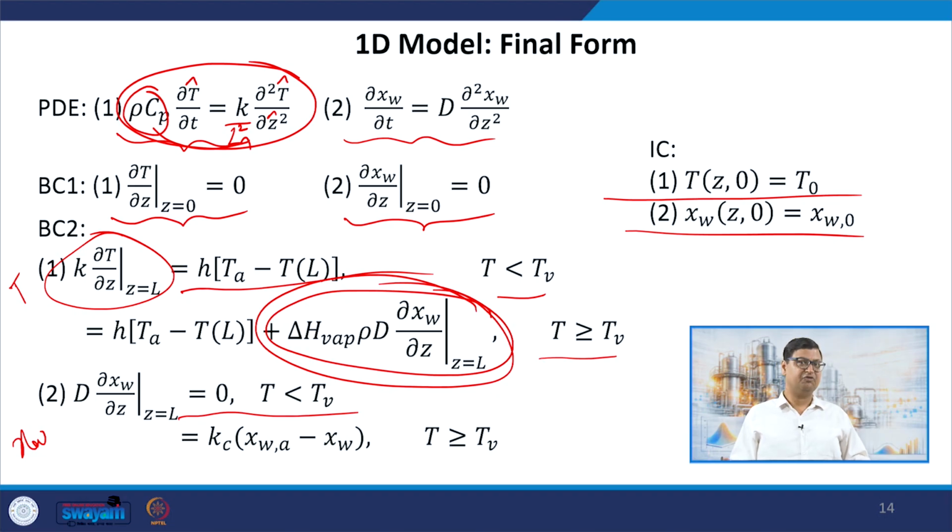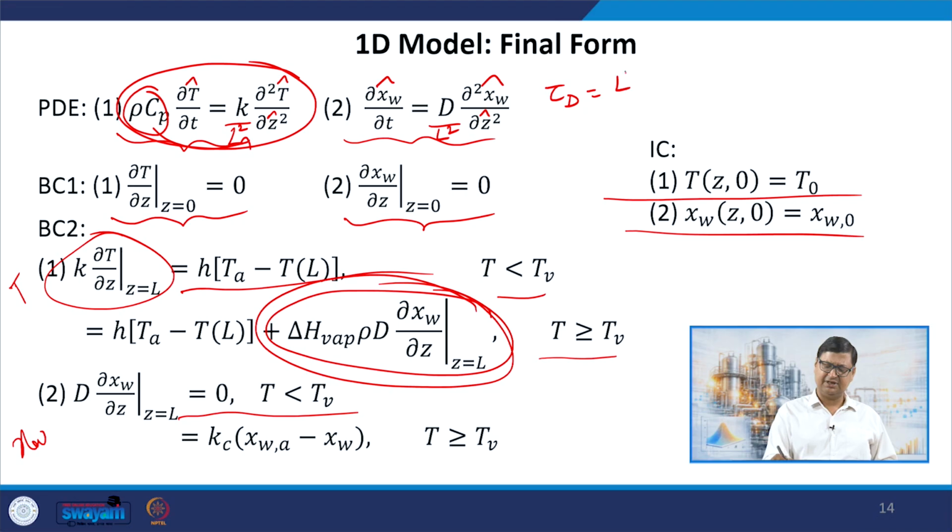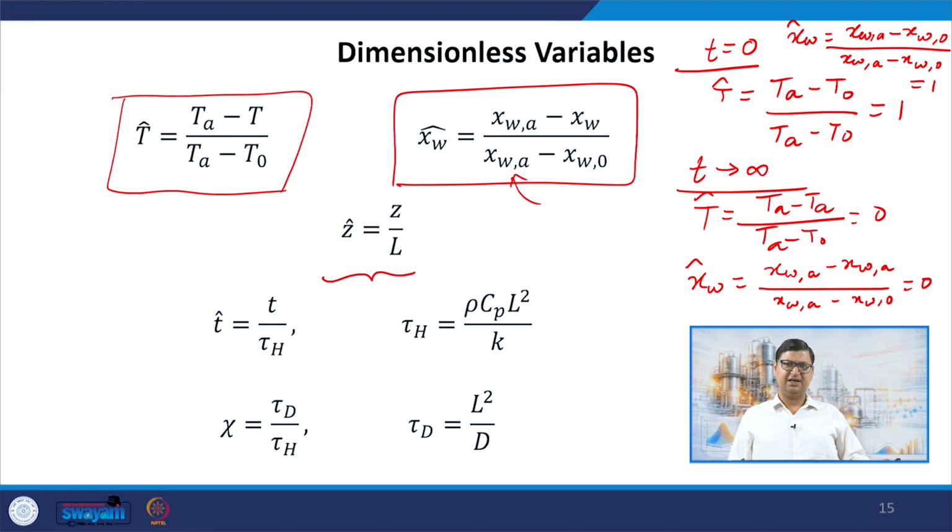But now we have two different PDEs. So, I can apply this idea on both the PDEs, right. If I apply the same idea on the other PDE, once I replace xw with xw cap, by the same argument, this will not change the PDE pretty much. But when I change z with z cap, I am going to have D by L square times the second derivative with respect to z cap, and now I have got another definition of time scale, that is L square by D. And now the question is, which time scale do I choose?